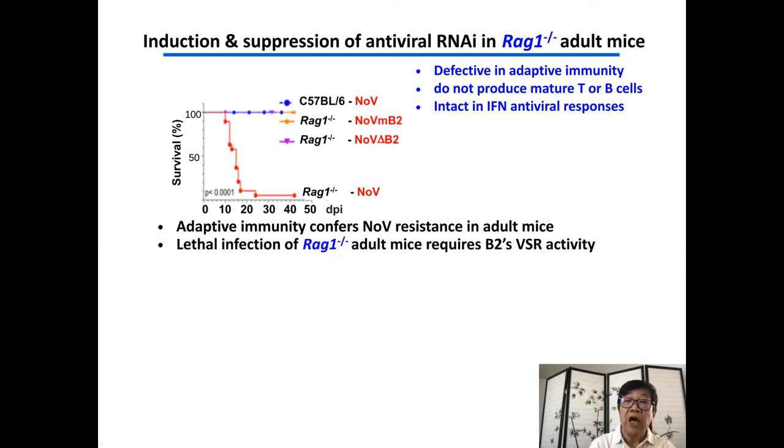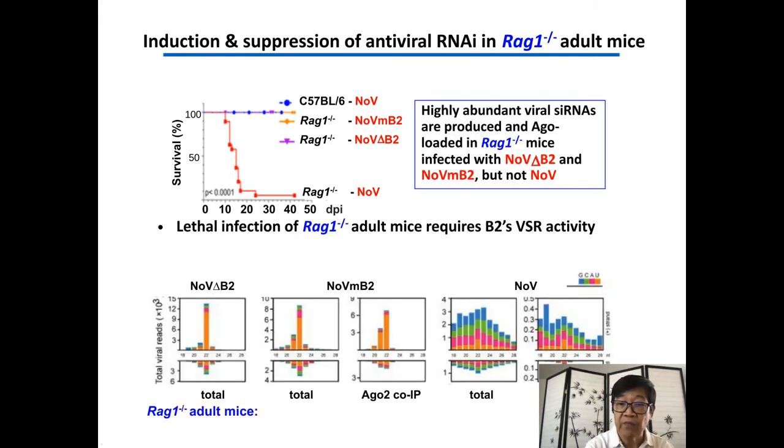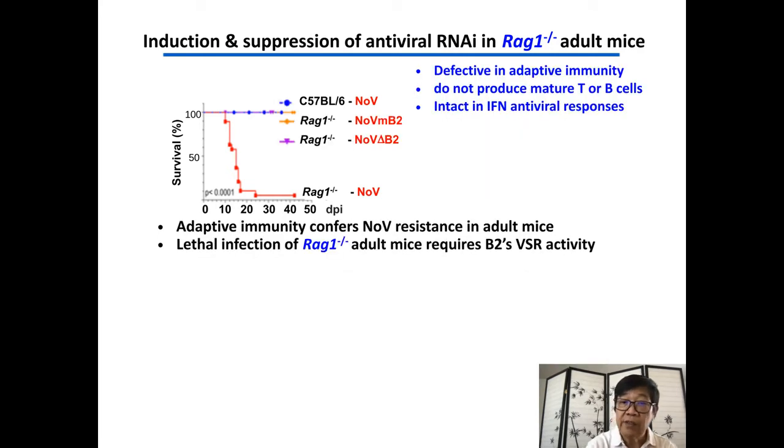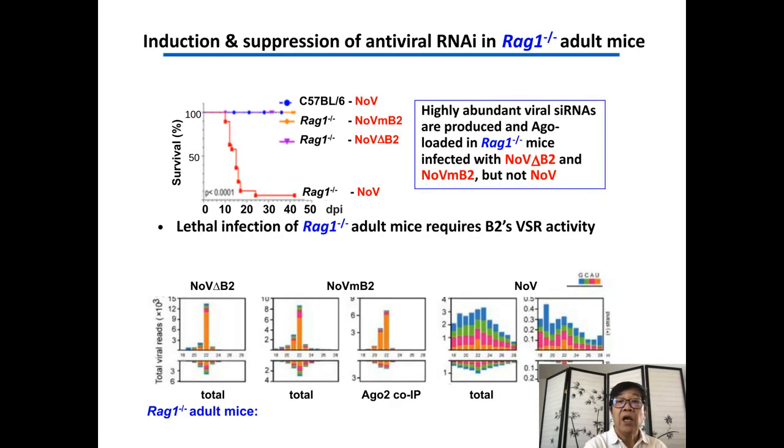However, neither of these mutant viruses, delta B2 or mutant B2 virus, is able to cause any visible disease in the RAG1 knockout mice, and the infected viruses are rapidly cleared. So this indicates that lethal infection of RAG1 adult mice requires B2's VSR activity.